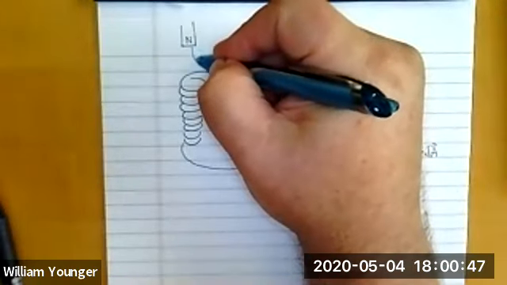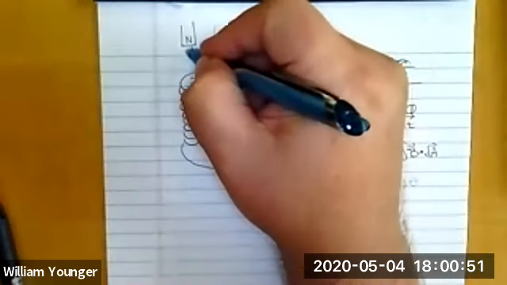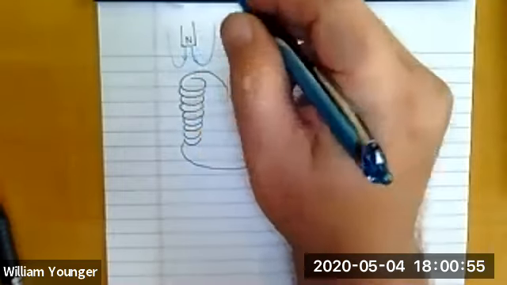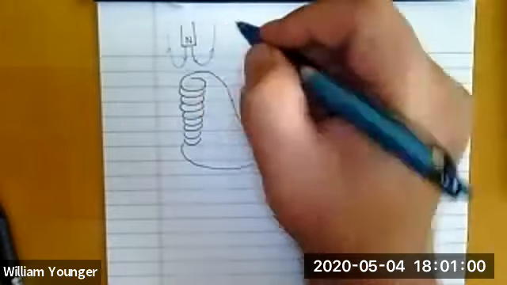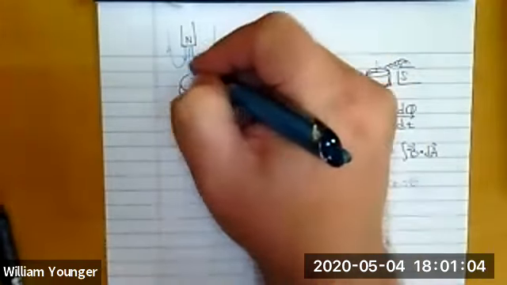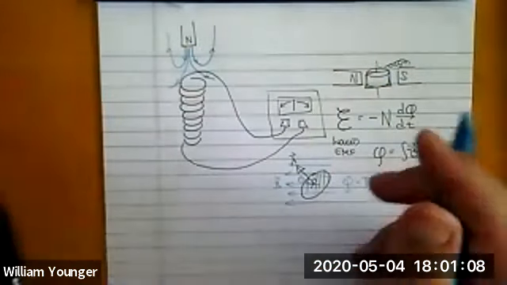They leave the north end and go to the south. I use the memory tool that they're like old people. They leave the north and move to Florida. So the magnetic field lines come out of the north and go into the south.